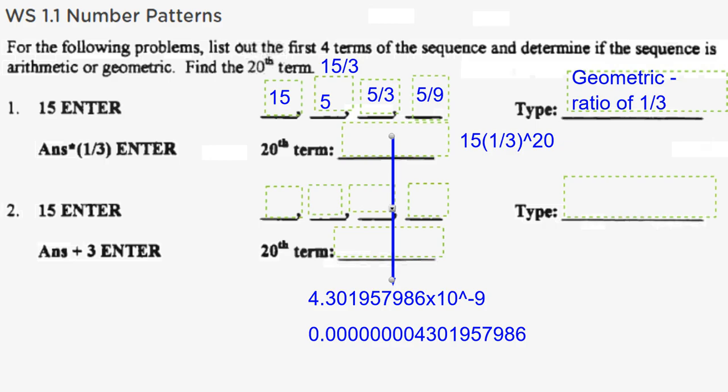So you can write it as scientific notation, 4.301957986 times 10 to the -9th, or you could write out its exact value, showing just how close it is to 0 for that 20th term. Now, if you ended up with something with 10 to the -8th power, that's because you assumed that this was a sub 1, and that was your 20th term.